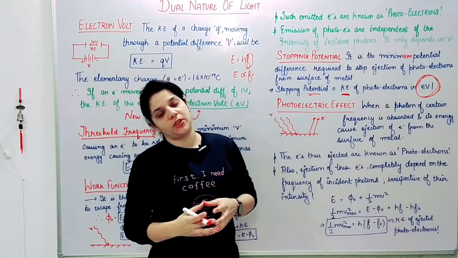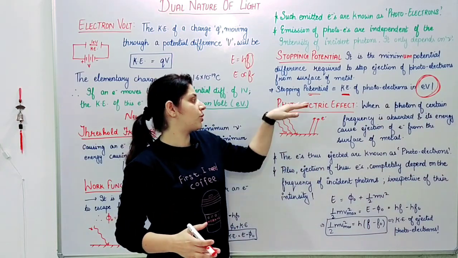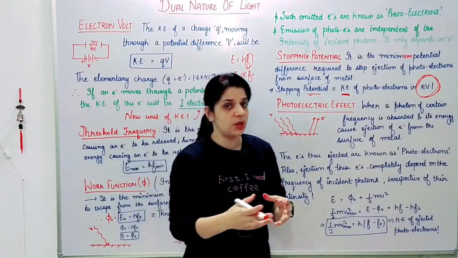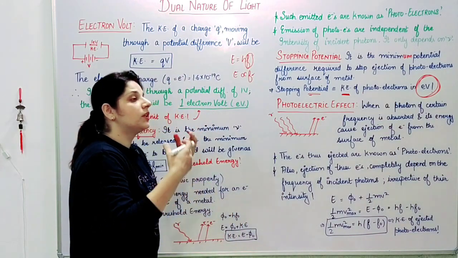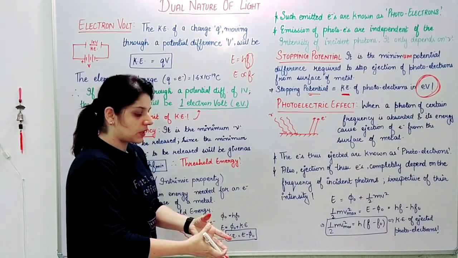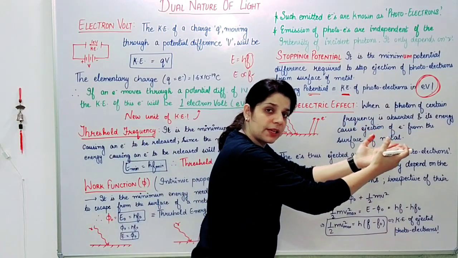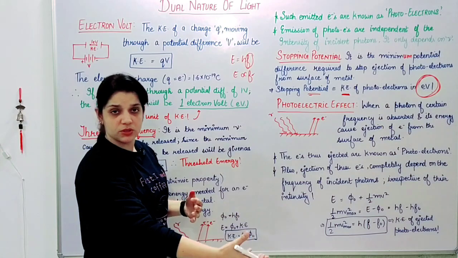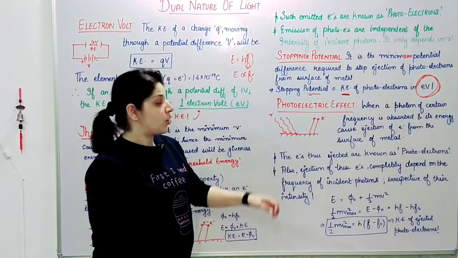And last but not the least, our main topic, which is the photoelectric effect, which I hope you have understood by now, because it's very obvious till now that we are talking about photons of certain frequency incident on a metal surface and then the photoelectrons will be emitted out, and this complete process is known as the photoelectric effect.